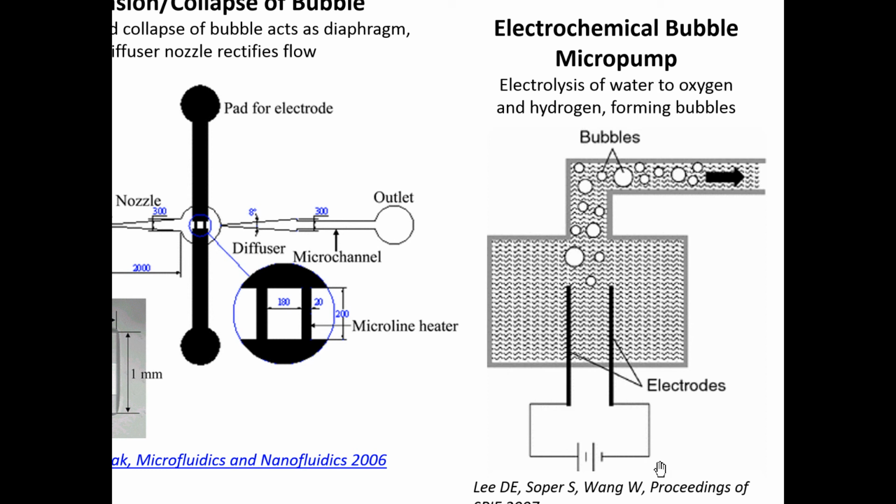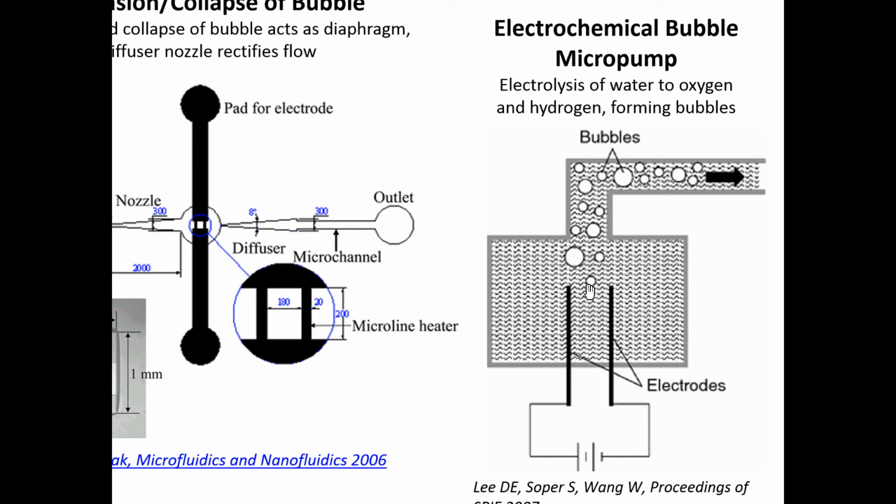You apply a voltage between these two electrodes and you generate these bubbles, and the bubbles displace whatever fluid is in this chamber, so it pushes the fluid out. The downside to this is that when you generate bubbles in a chamber, it generates Laplace pressures. The bubbles are sometimes hard to get out.